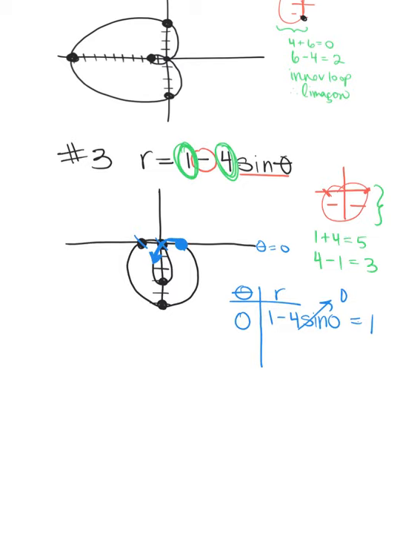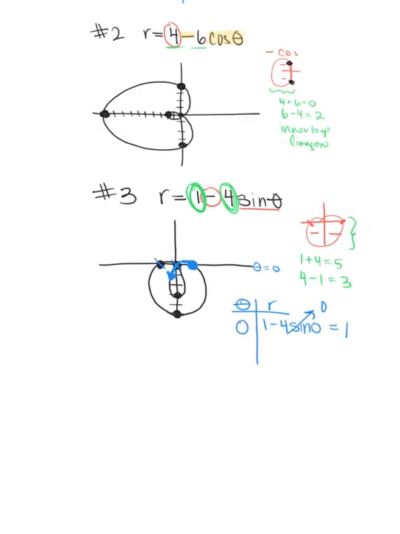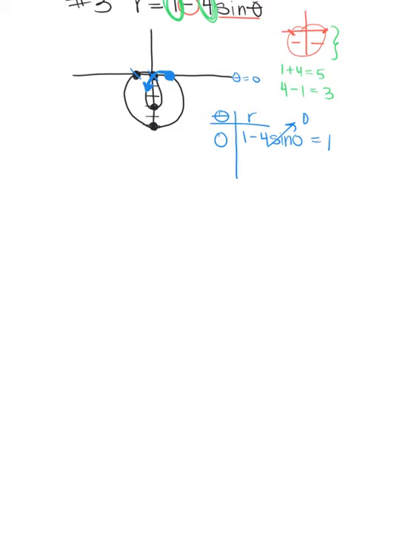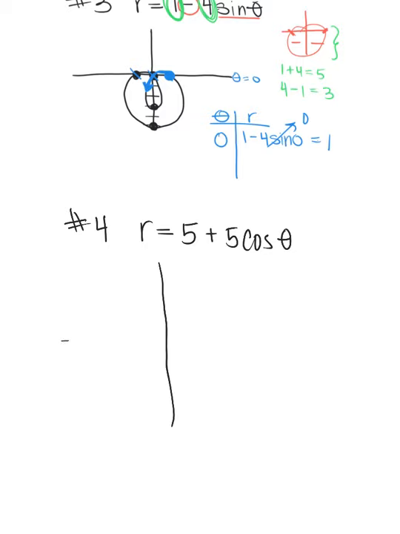Okay, all right, so let's do another one. So let's take a look at number 4. Okay, so I know I have a cardioid or a limacon because I have that adding and subtracting.